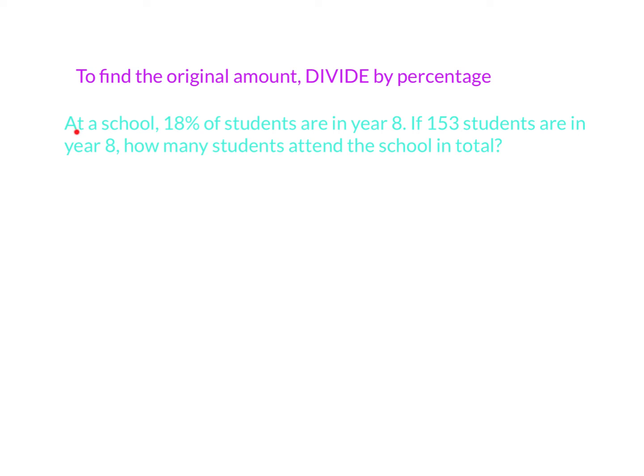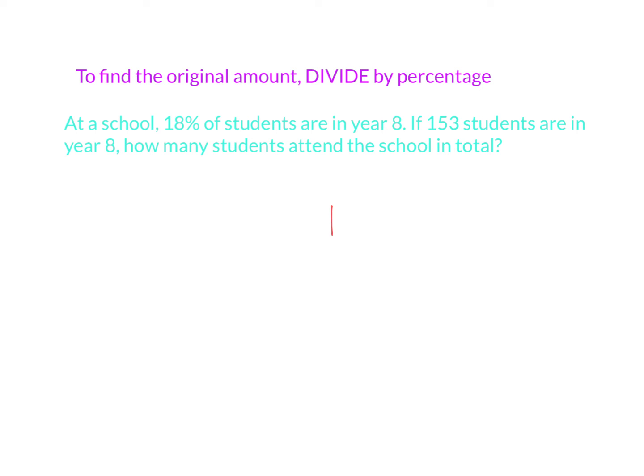All right, let's look now at a harder worded problem. So in this sort of problem, we're asked: at a school, 18% of students are in year 8, 153 students are in year 8. How many students attend the school in total? This one's a bit harder because we're finding the original amount. And you'll see in a second that we have to divide by the percentage. So what are we really doing here?